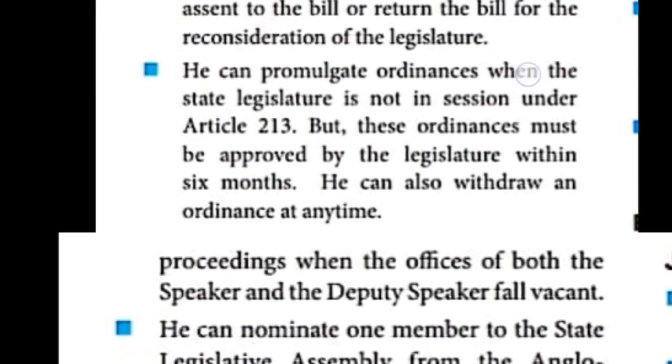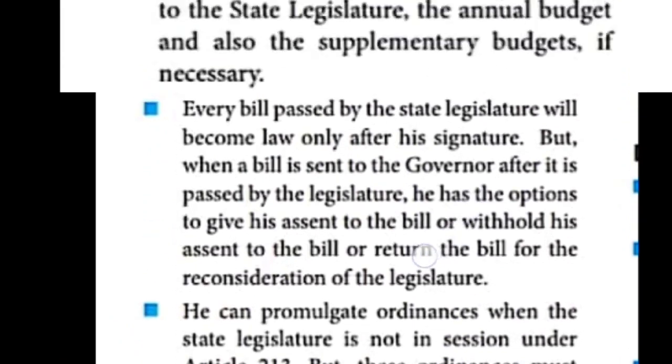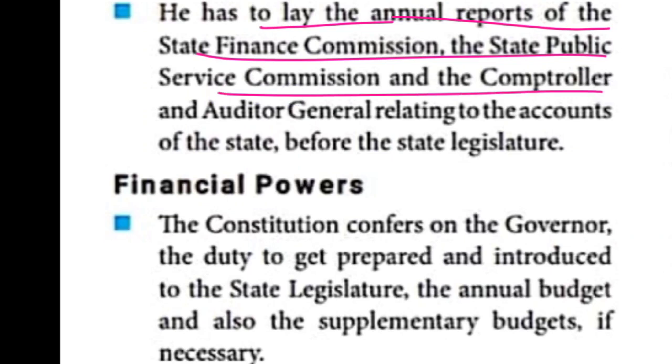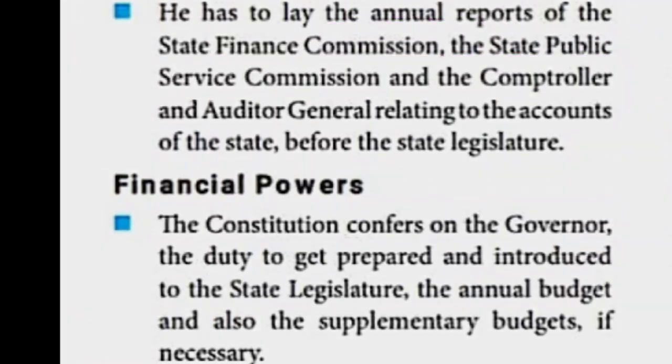The next point, the last one: he has to lay. What is the meaning? Submit. The governor has the power to submit the annual report of the State Finance Commission, the State Public Service Commission, and the Comptroller and Auditor General relating to the accounts of the state, before the state legislature.